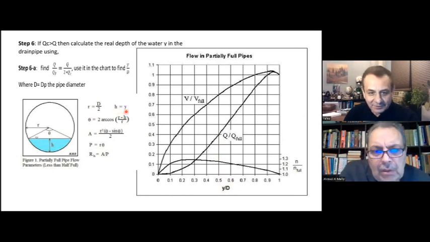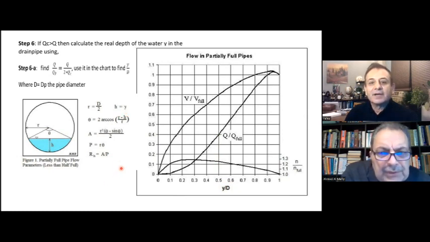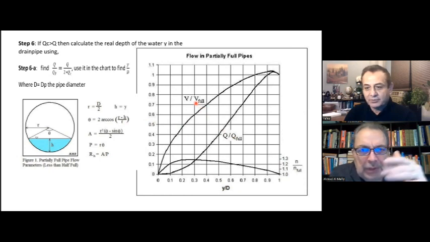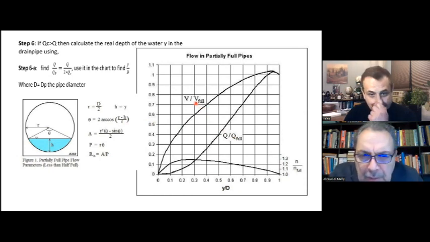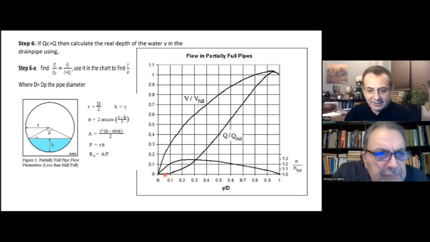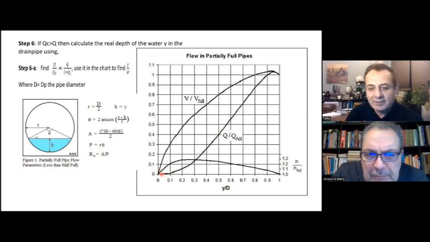So the x-axis is H over D, and the y-axis on the left side will give me either Q over Q full or V over V full. So it's a ratio. And on the right side, there's a small curve measuring N over N full.